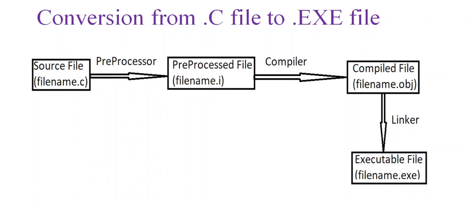Whereas the header files, the code and declarations present in those files, will be added, and that results in the executable .exe file. The advantage of the exe file is you can run it directly. You need not compile again. So this is the conversion process.